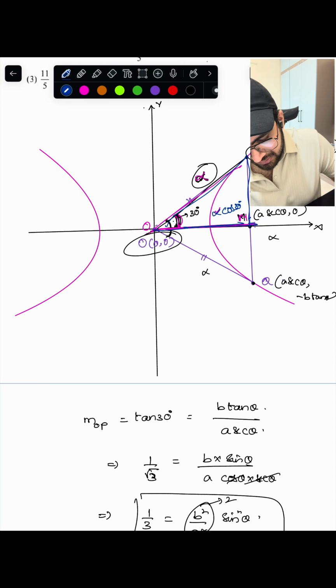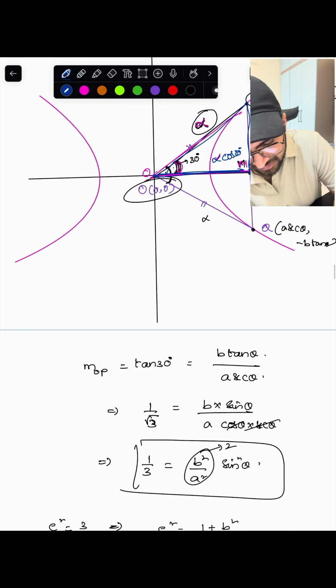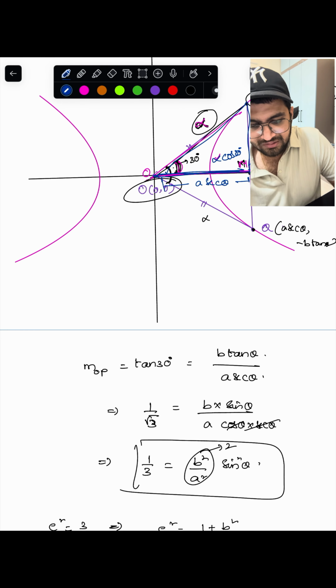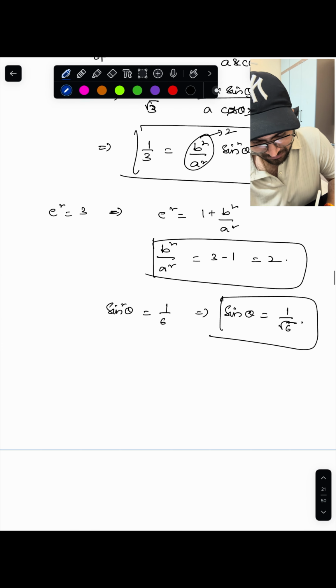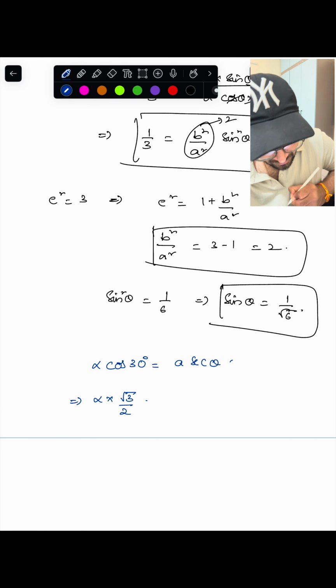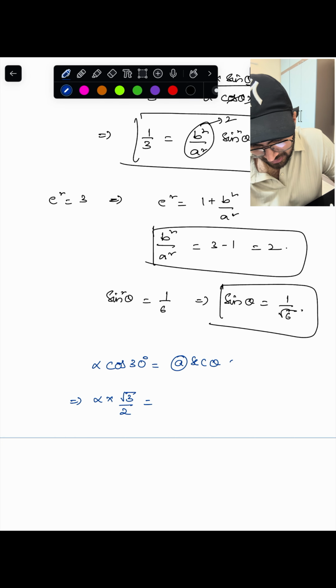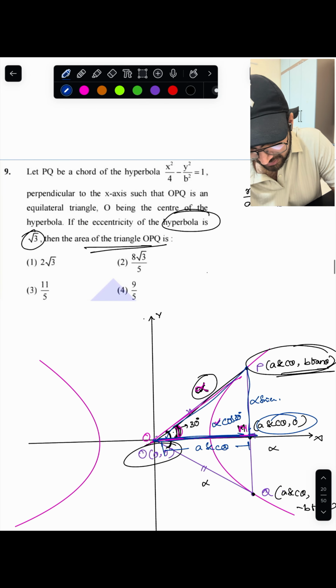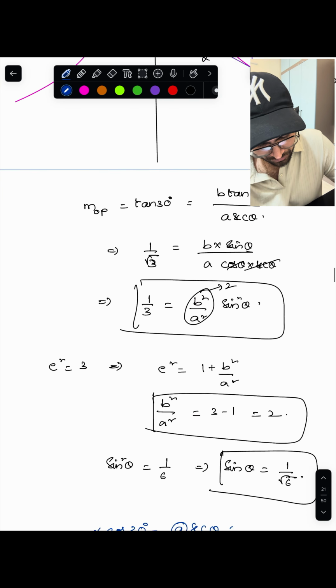So I will write this as alpha cos 30, and as this point is (a secant theta, 0), it is a secant theta itself. So I will equate both of them. Alpha cos 30 degrees equals a secant theta. So alpha into root 3 by 2 equals a, and here it is already given x square by a square is 4, so a means 2.